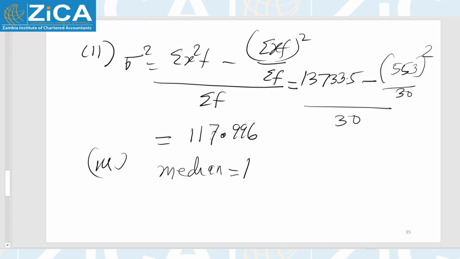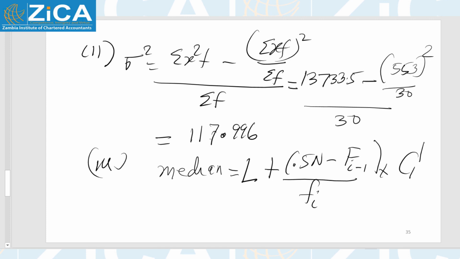So here we look for the lower class boundary plus 0.5n minus capital F. This is the cumulative frequency below the median class interval, over the median class frequency, times the class width. The capital C is the class width. This is the frequency in which the median is. This is the position of the median. And this is the lower class boundary. The class interval is 15 to 20.